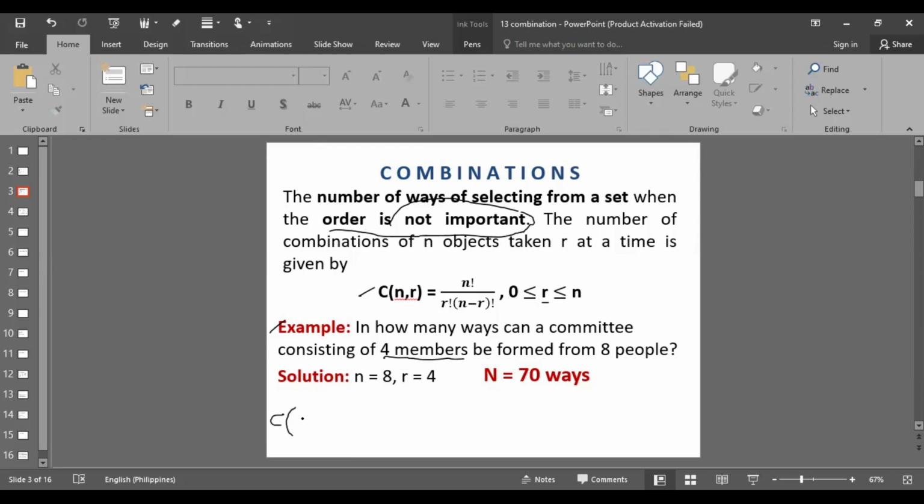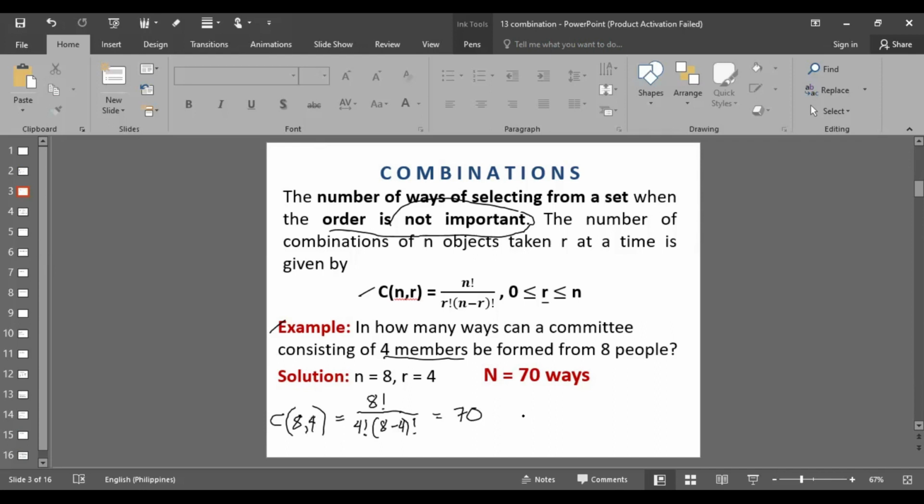C(8, 4) equals n factorial, which is 8 factorial in this case, over R factorial, which is 4 factorial, times (n minus R) factorial, we have (8 minus 4) factorial. Then, just make use of your scientific calculator. It will give you 70.